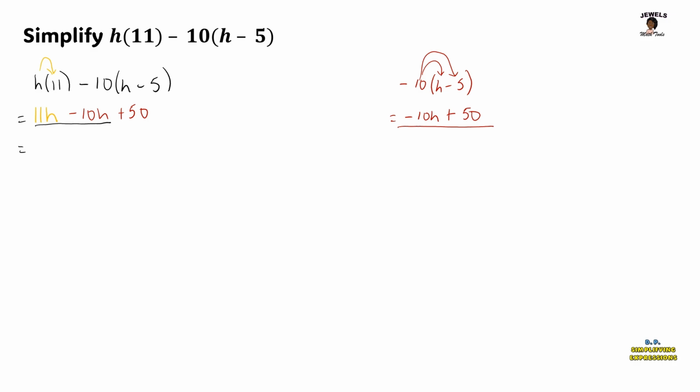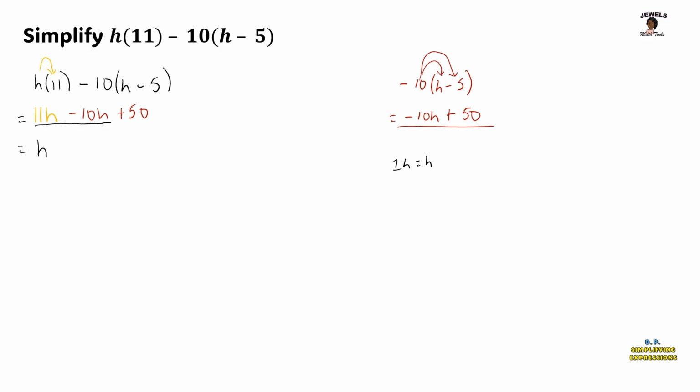So we have 11 minus 10, which will equal 1. So we'll just have h, and remember that even if I put 1h, this is still the same thing as h because the h is still counted as 1. So you don't have to stress about whether you have to or don't have to put in the 1. The 1 is not needed because h by itself is counted as 1h.